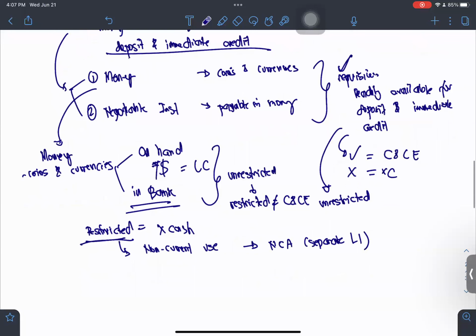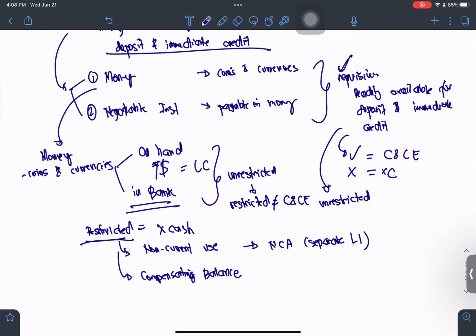Now, what if it is restricted, but in the form of a compensating balance? Now, what is a compensating balance? A compensating balance is the amount that is required by your bank to be kept on your account. It is the amount that is kept in your bank as the minimum amount.